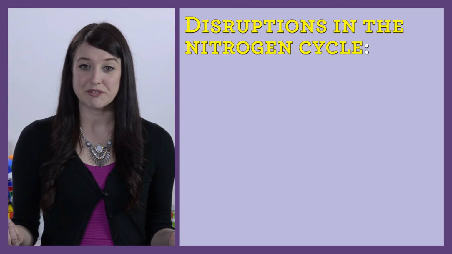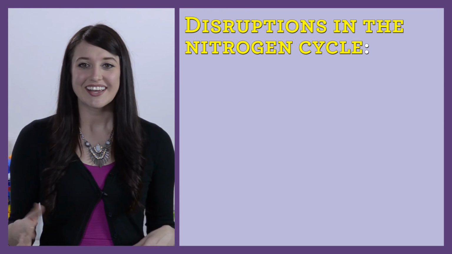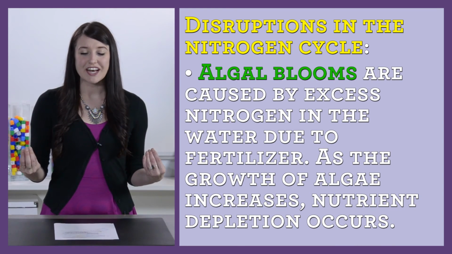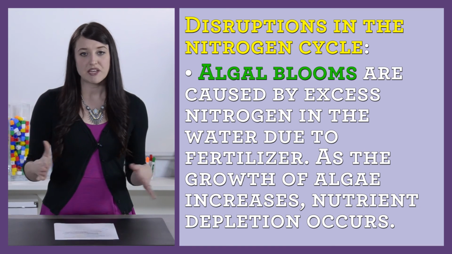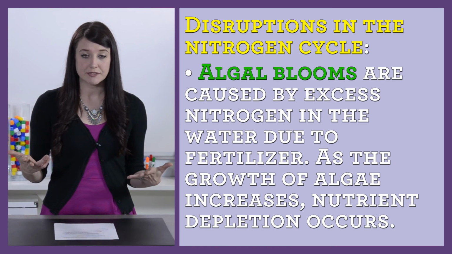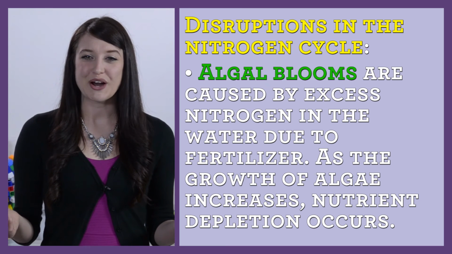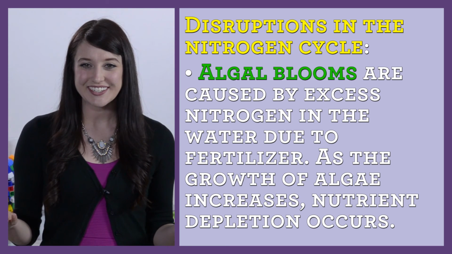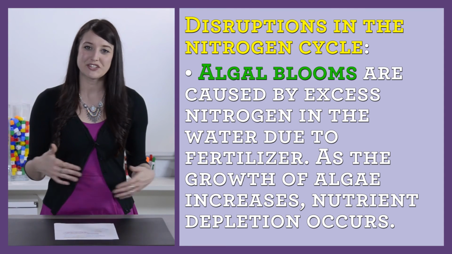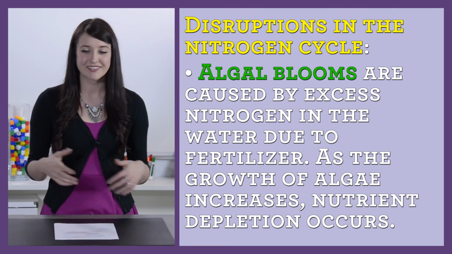Now let's look at some disruptions to the nitrogen cycle in a little bit more detail. Algal blooms are the result of excess nitrogen being added to the water. This has some very negative side effects. Algal blooms are caused by excess nitrogen in the water due to fertilizers. So you'll find this usually around farms.